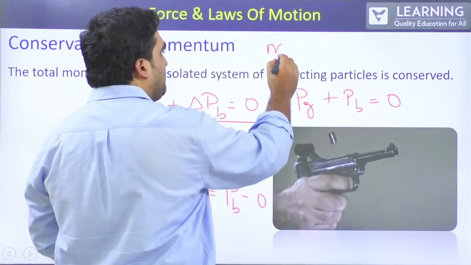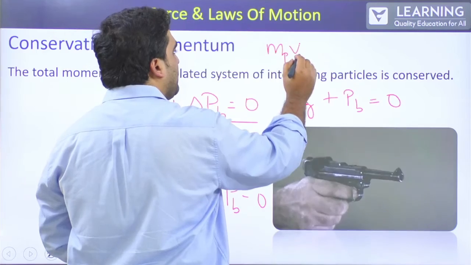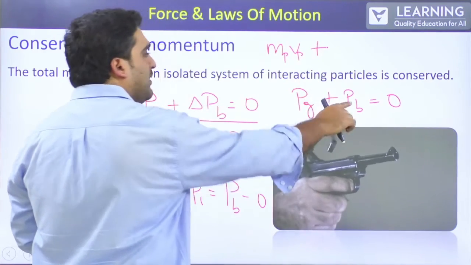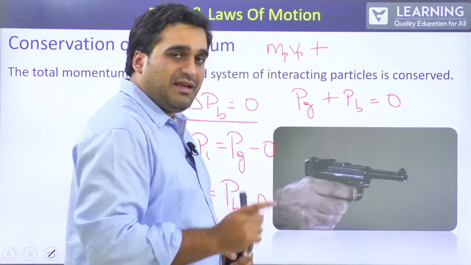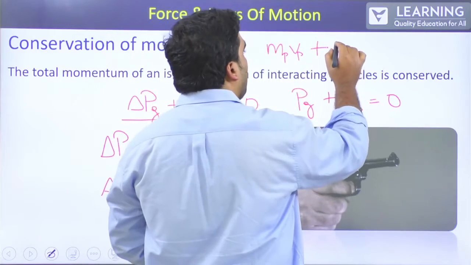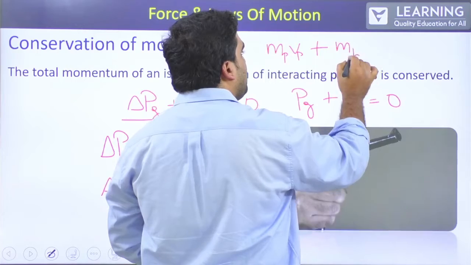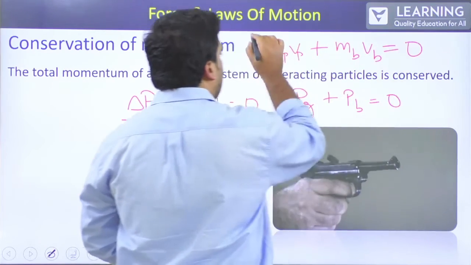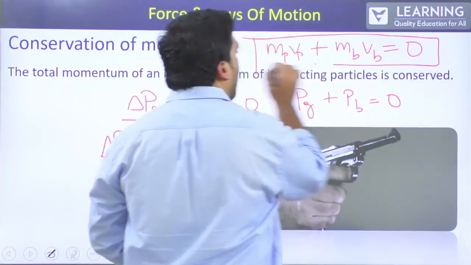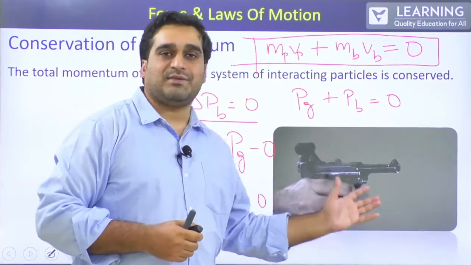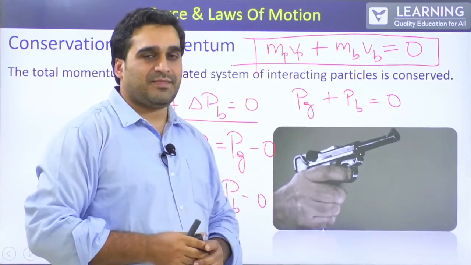So mass of the pistol times velocity of the recoil of the pistol, plus momentum of the bullet, which is mass of the bullet times the velocity of the bullet, is equal to 0. This is how the two are conserved for a bullet as well as for a pistol.